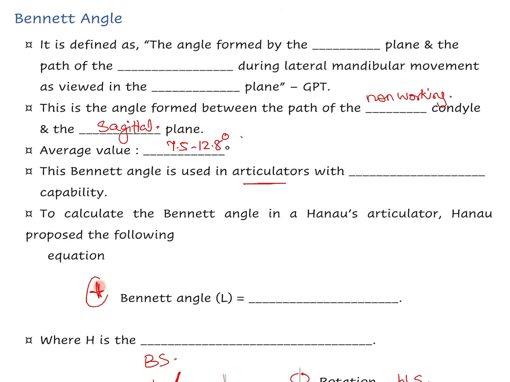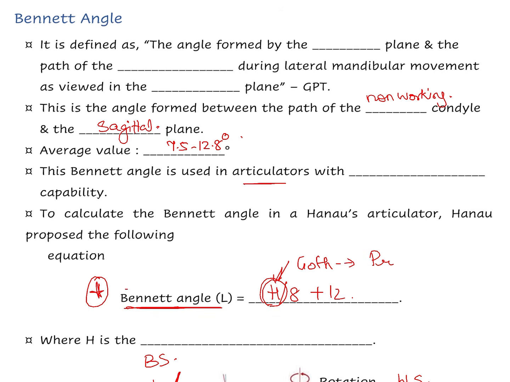Bennett angle can be calculated with the formula H by 8 plus 12. We will talk about this in balanced occlusion, so make sure you watch that video, where H is the horizontal condylar guidance and it will give you the Bennett angle. So you get this value of H from Gothic arch tracing.